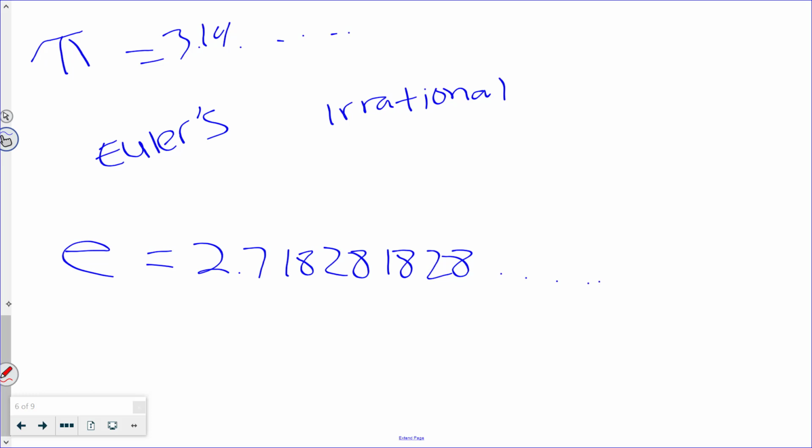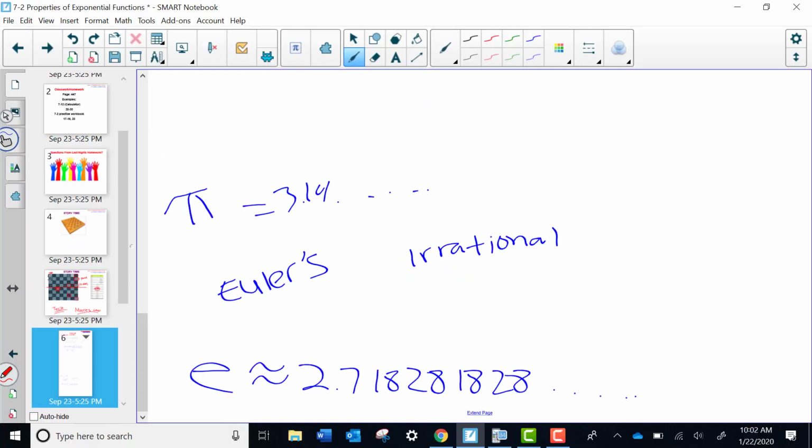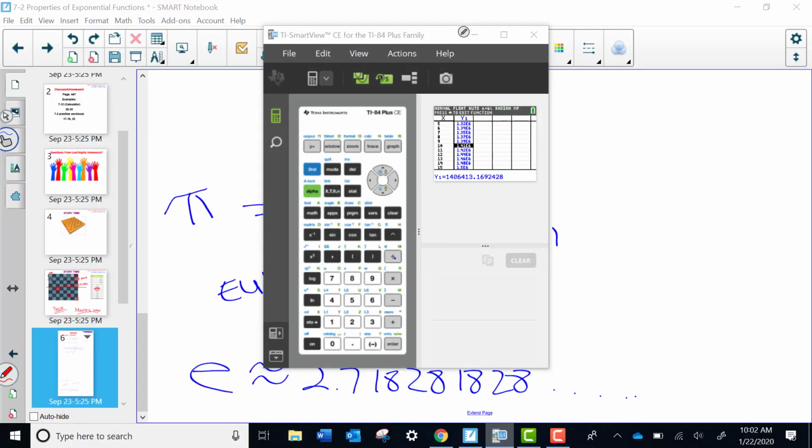And it's approximately 2.71828, dot, dot, dot. That's what E is. And it's a button on your calculator. It can be found on top of the division button. So when you use the continuous growth, it's P, this E button here, raise it to RT.